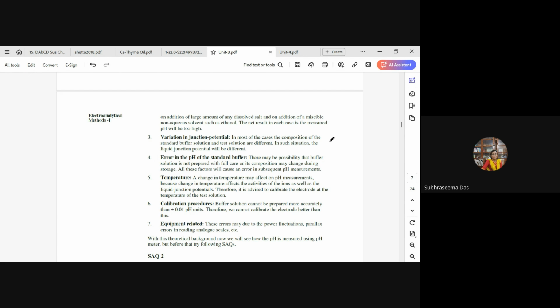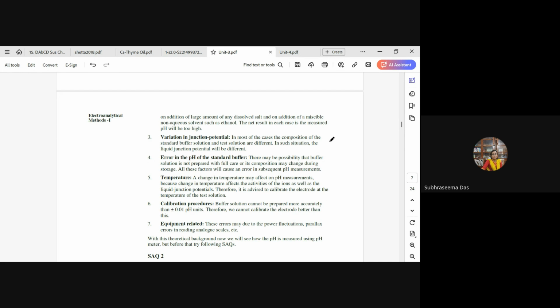We know that a change in temperature always affects the pH measurements, because when temperature is increased, the activity of the ions that are present inside the liquid junctions also varies. So if there is a change in temperature during the measurement process, then we should expect error in the pH measurement.